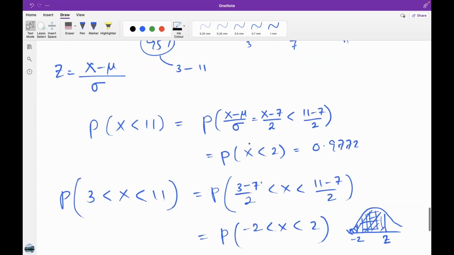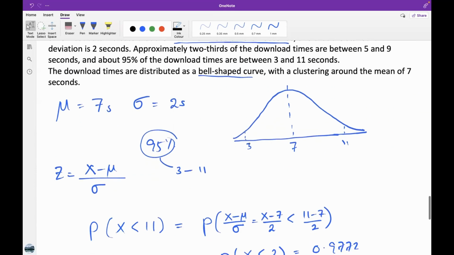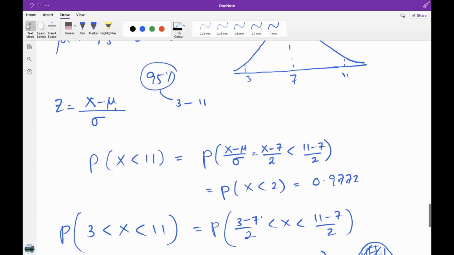Now, in the case of your Z values, that's what I was talking about in your A levels. What was your Z value? That was calculated, I think you have economics and other subjects, right?